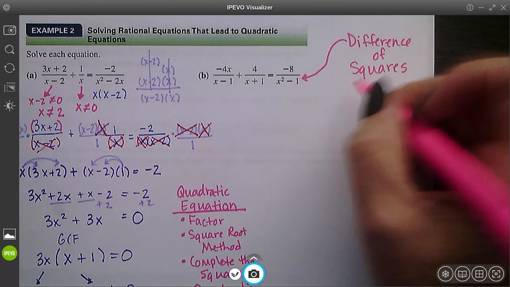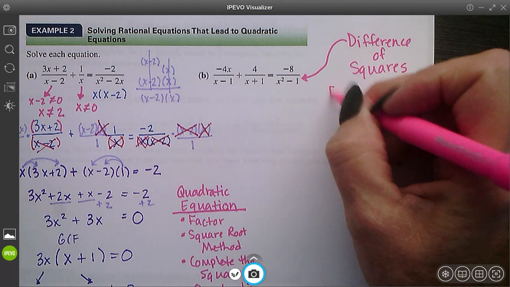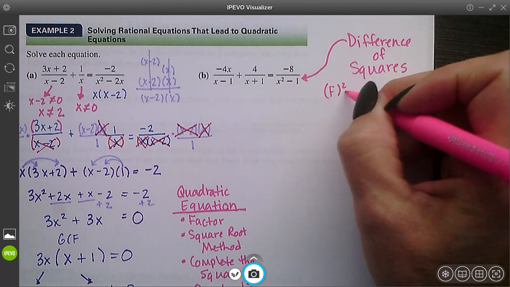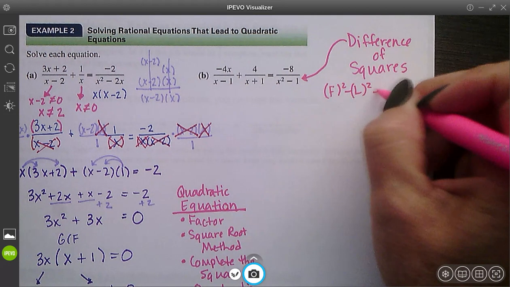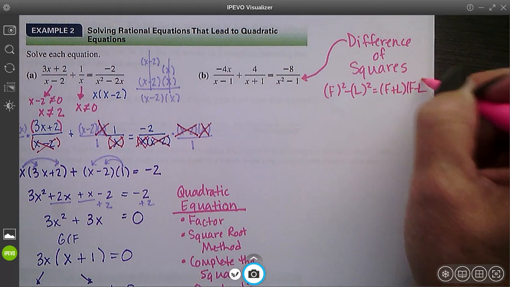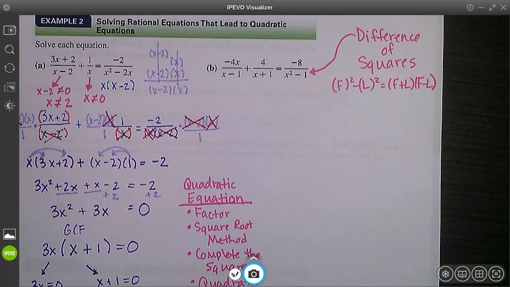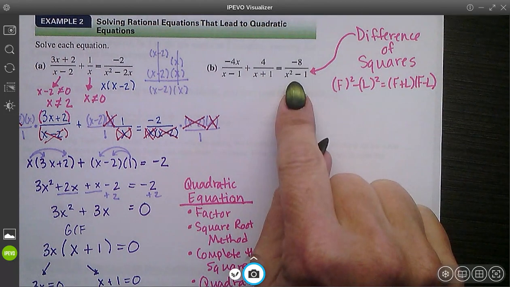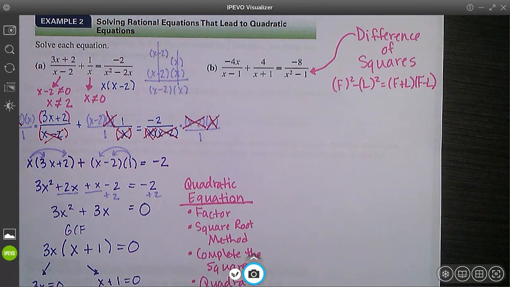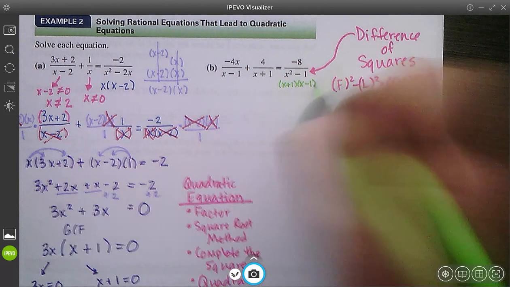The difference of squares is the one that factors into the 2 parentheses that are f plus L, f minus L. And you see it a lot, so it's worth recognizing. So x squared minus 1 is going to factor into x plus 1 times x minus 1.